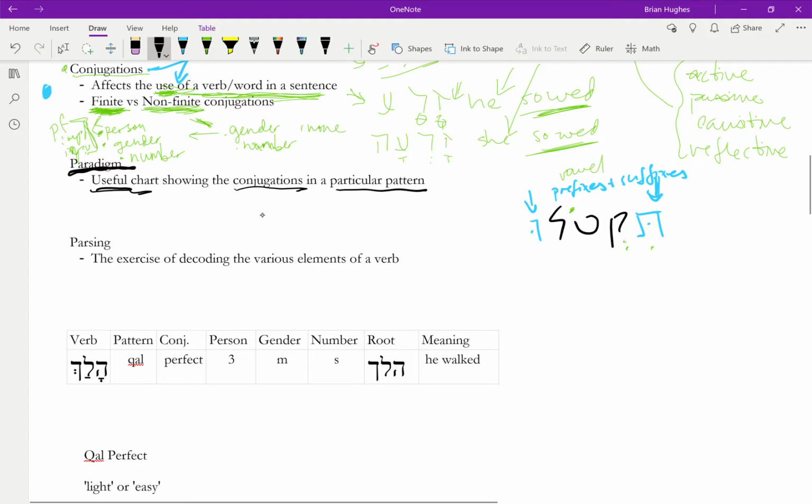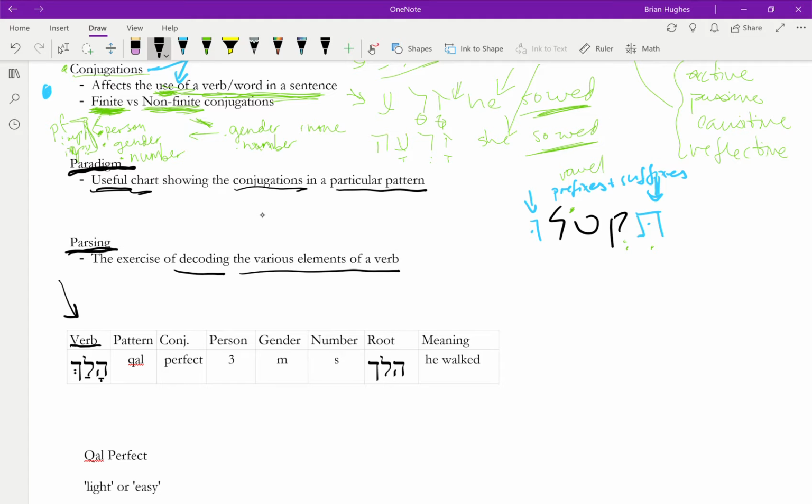And then this last term is parsing, or to parse, which is the exercise of decoding or translating the various elements of a verb. And so here you can see a parsing chart. Futato uses 7 boxes, I use 8. So the first is the actual verb.